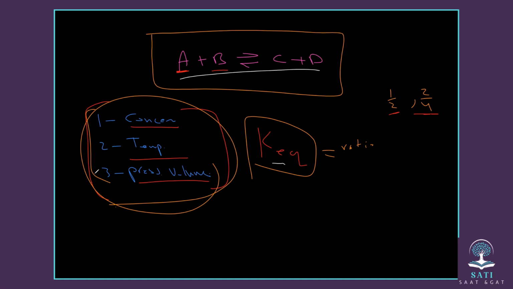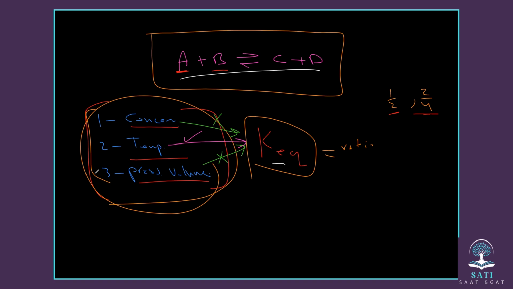The constant of equilibrium, keep it in mind. Concentration does not change the constant of equilibrium. Pressure and volume do not change the constant of equilibrium. But temperature, which we're going to study, changes the constant of equilibrium. So again, we have factors that change the state of equilibrium: concentration, temperature, pressure and volume.